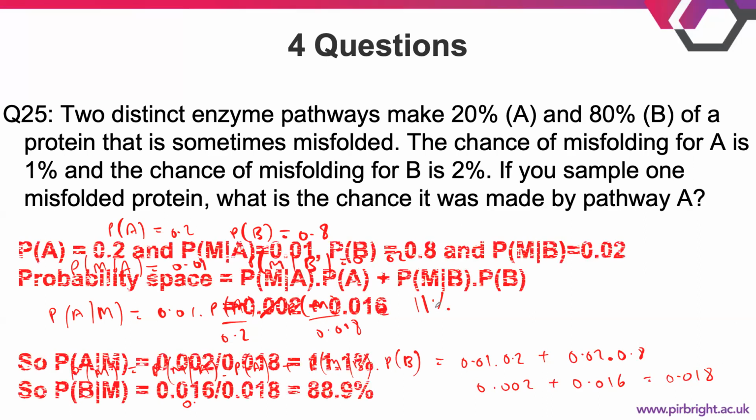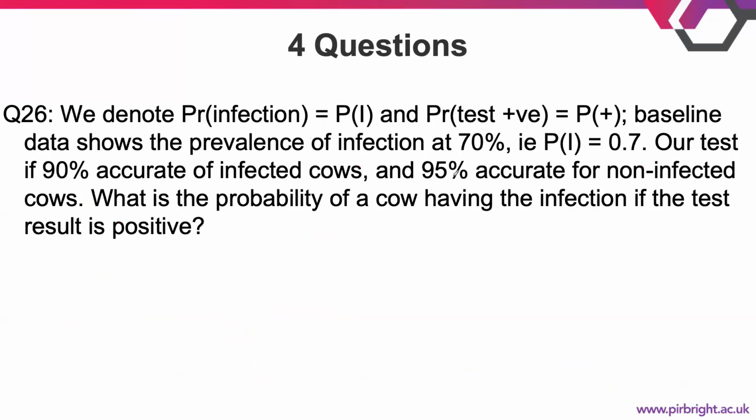And lastly, we can go to the final question, and we'll do it with our code as well, where we look at the probability of being infected, which is 0.7, which means the probability of not being infected is 0.3. The probability of testing positive if you're infected is 0.9.